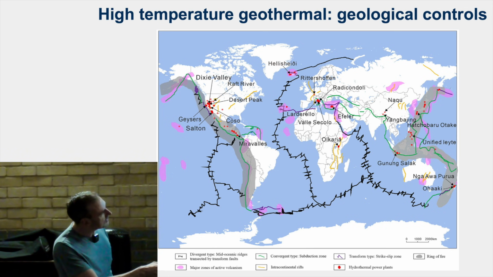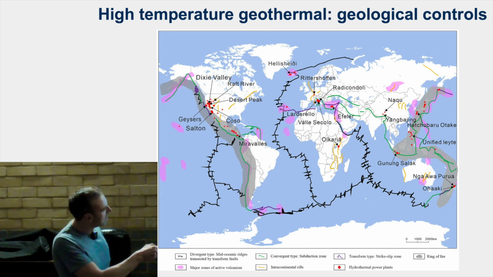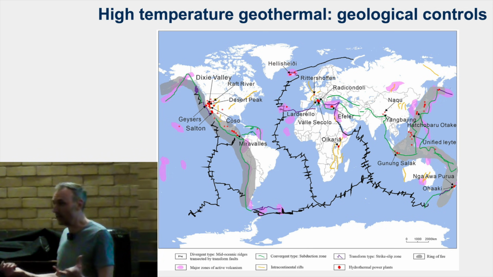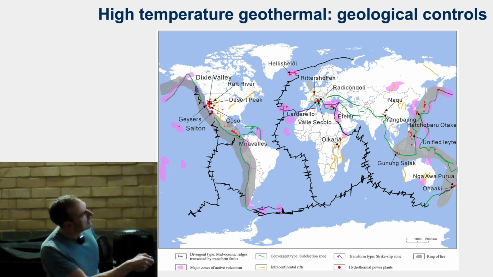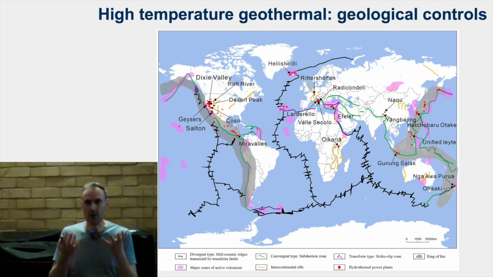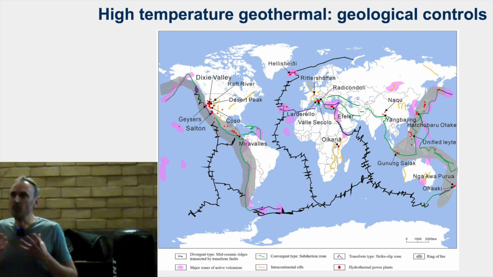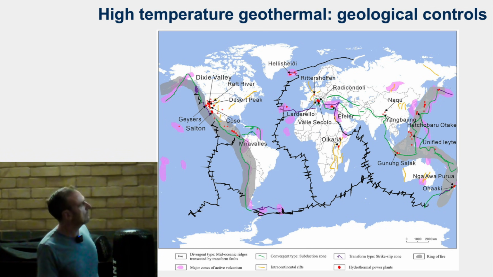And the red spots are where we have active geothermal plants. And you can see they're very strongly linked with these major tectonic plates, because that's where we see lots of magmatism and volcanism, and also associated with places where we have hotspots like Iceland and so forth. So we see a really direct link between active geothermal electricity production and where we have active volcanic or recent magmatic systems, because that brings heat very close to the surface for us.